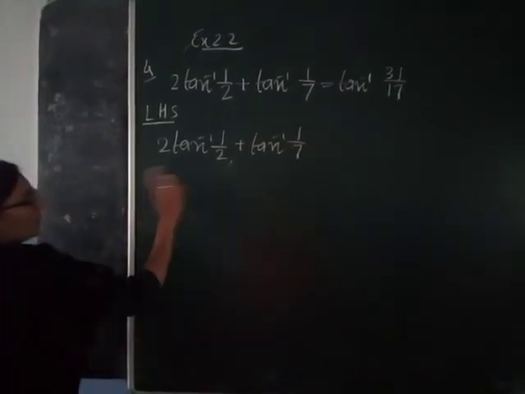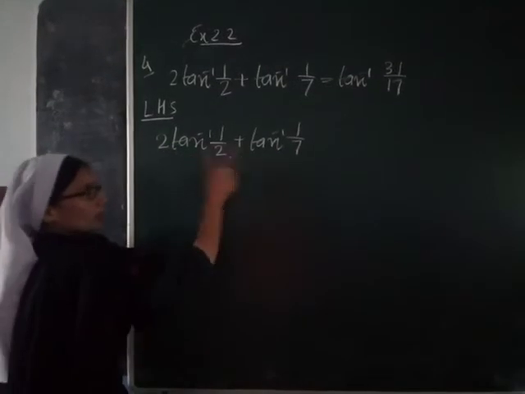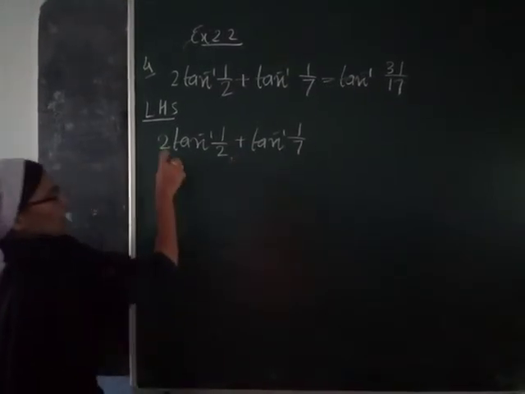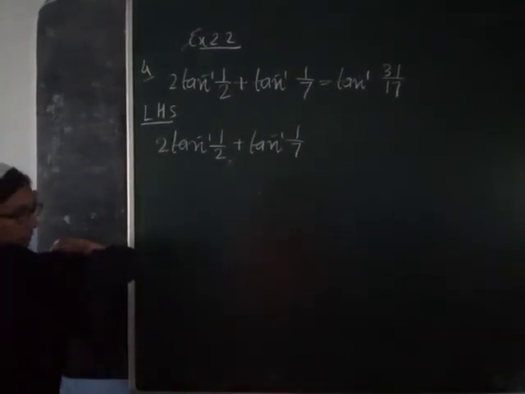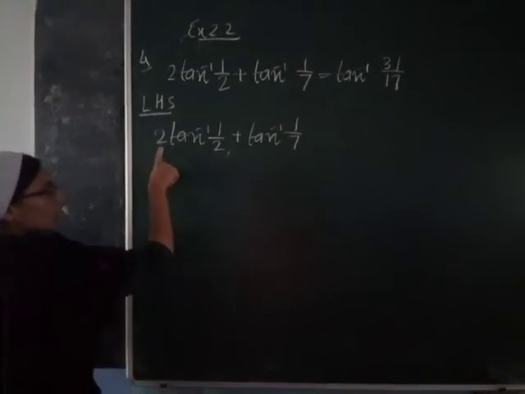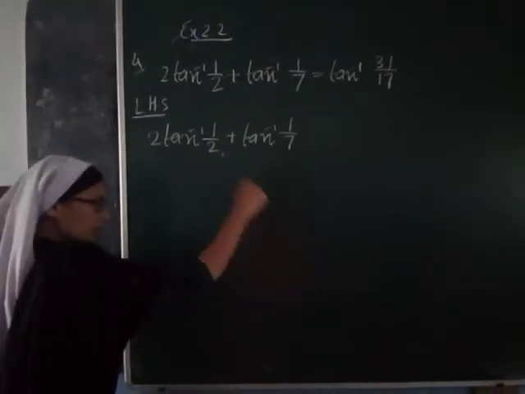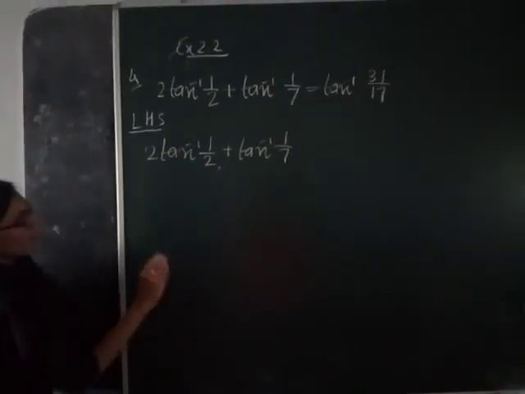See here, 2 tan inverse, so you cannot directly apply the formula. It should be without the coefficient. So what we have to do? Either you separate it as tan inverse 1 by 2 plus tan inverse 1 by 2, or else you can use the result for 2 tan inverse x.